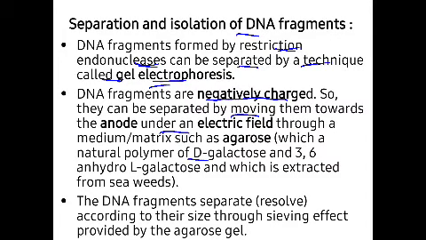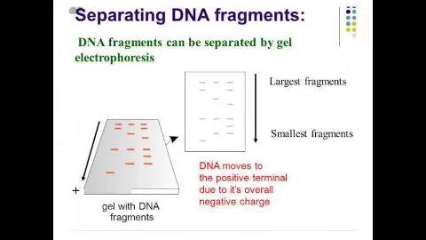So in the agarose gel, in its matrix, we have to place these fragments of DNA. After that we have to provide an electric field. Okay, after that we place this DNA on the agarose gel matrix, the medium.